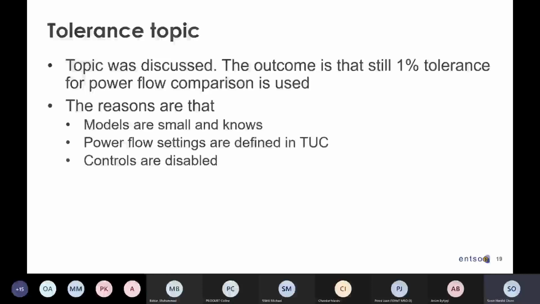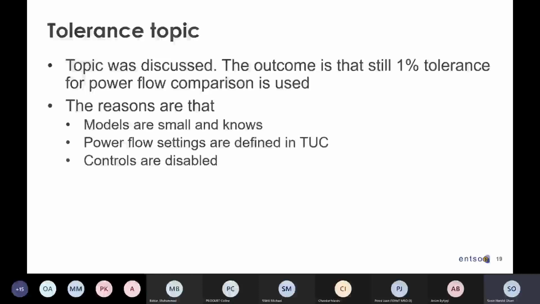But all the power flow settings are now defined in the text of the test use case. So of course that makes the expectation clear. And what we are trying to do in the future is to include that in the test configuration and also in the standard itself.